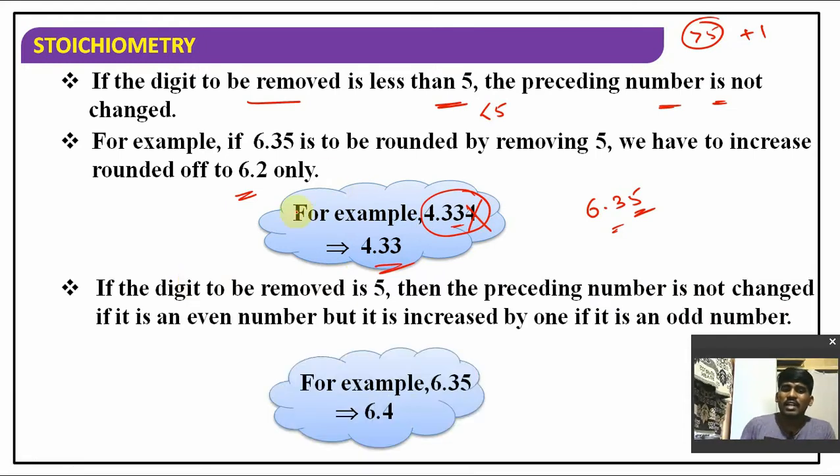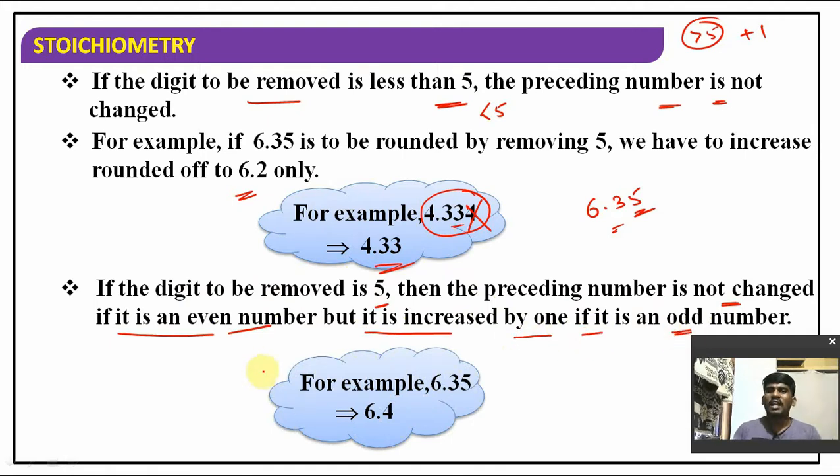For suppose the digit to be removed is exactly 5, then the preceding number is not changed if it is an even number, but it is increased by 1 if it is an odd number.